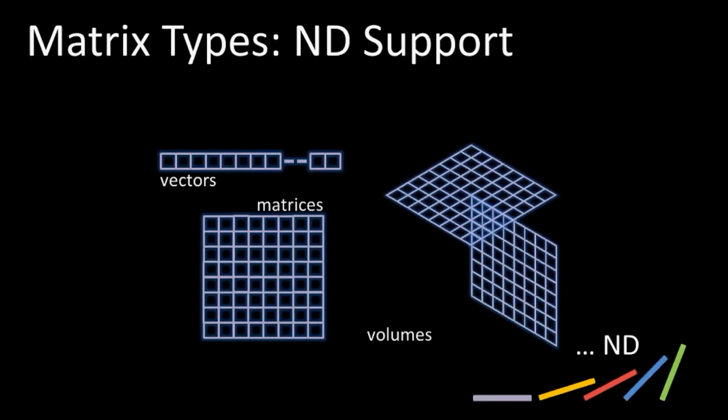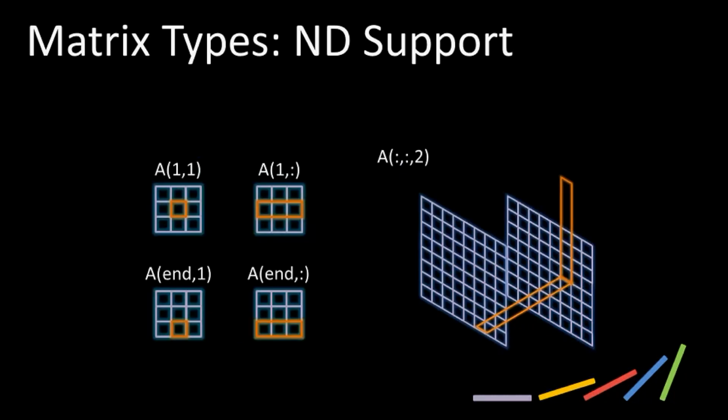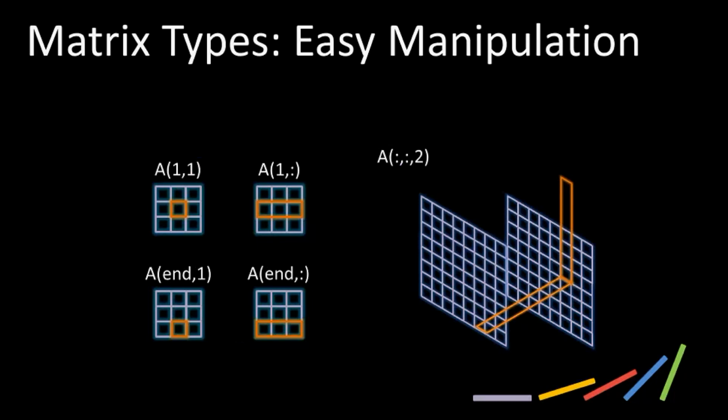Jacket also supports n-dimensional matrices, so from vectors to 2-dimensional matrices to volumes to n-dimensional. You can do everything that you would normally do and interface with MATLAB data structures you can do with Jacket, and it all occurs on the GPU in a parallel manner.